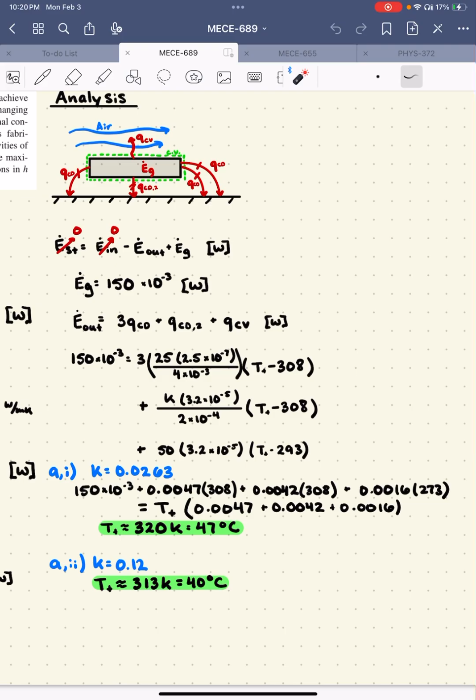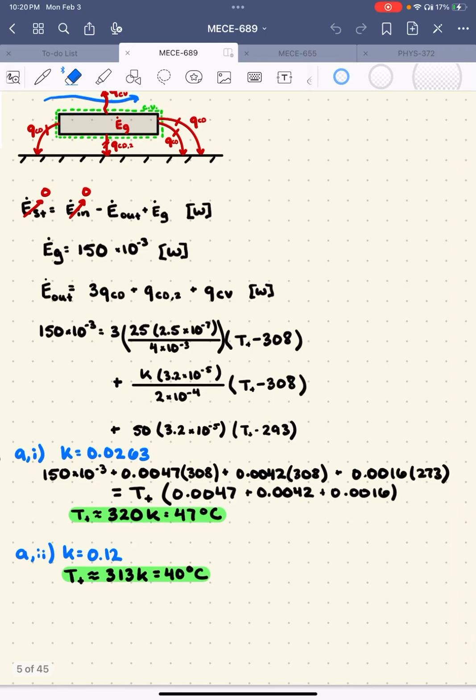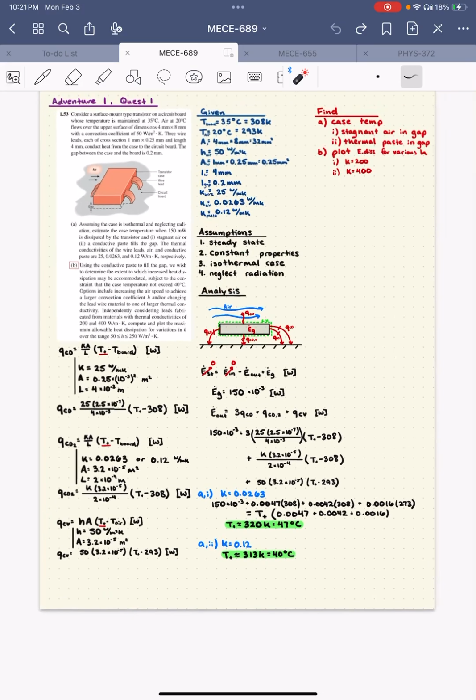You can just use a calculator if you wanted to, but I started out with k equal to 0.0263 and solved for this T_T and got about 320 Kelvin or 47 C, and plugging in k equal to 0.12, I get that T_T is equal to 313 Kelvin or around 40 C.